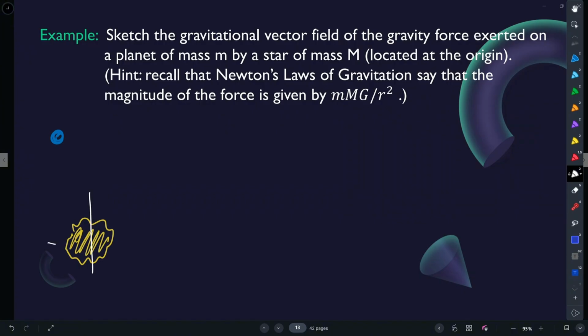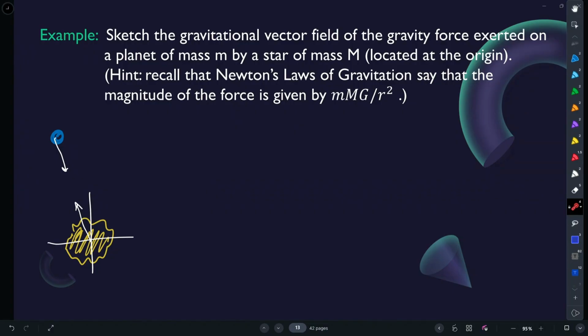Now, the origin is at the center of the sun, and there are two forces of the same magnitude, but they're pointing in opposite directions. Okay, so there is a force going from the sun to the planet, and from the planet to the sun, and the magnitude is given by this quantity according to Newton's law of gravitation.